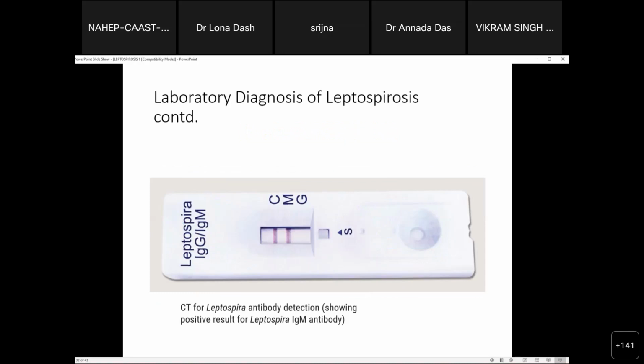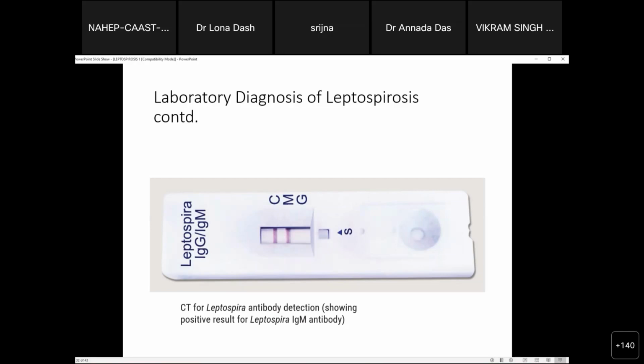It's an immunochromatographic test which detects immunoglobulin G and immunoglobulin M against the leptospira in the patient's blood. So the patient's blood sample is collected, and from the serum, this test is carried out. The presence of immunoglobulin M, which is the one found in the acute phase of the disease, will help to point towards the diagnosis.